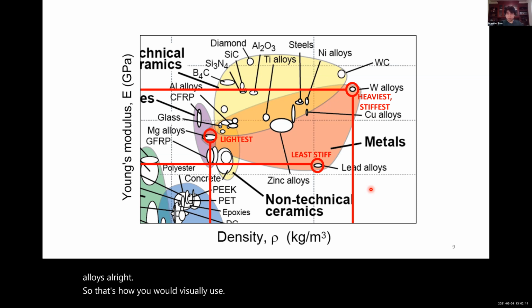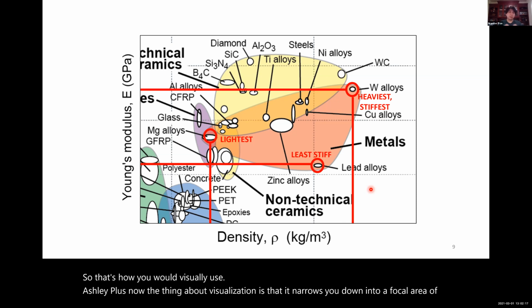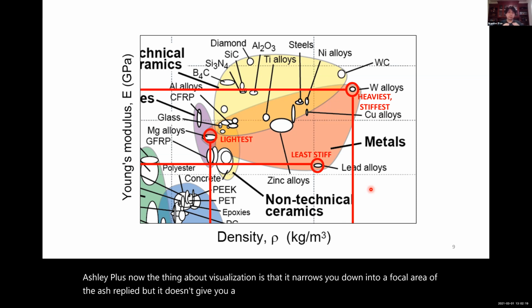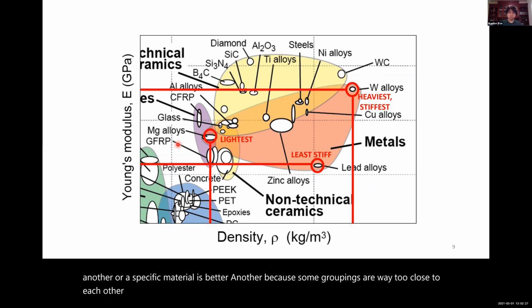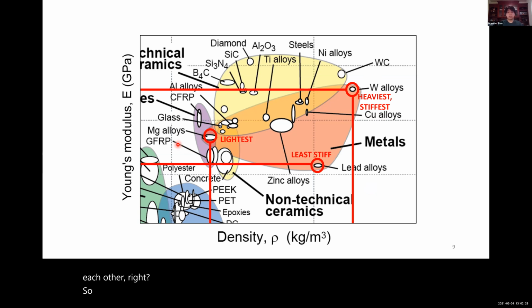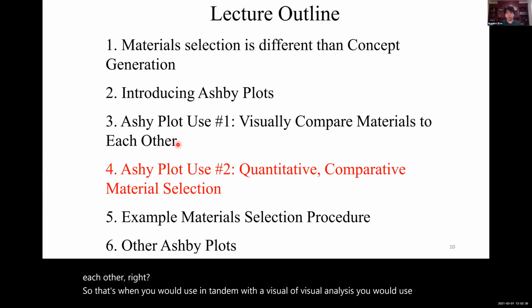Now, the thing about visualization is that it narrows you down into a focal area of the Ashby plot, but it doesn't give you a definitive way of telling if a specific material is better than another, because some groupings are way too close to each other, right? So that's when you would use, in tandem with a visual analysis, a quantitative analysis on an Ashby plot.